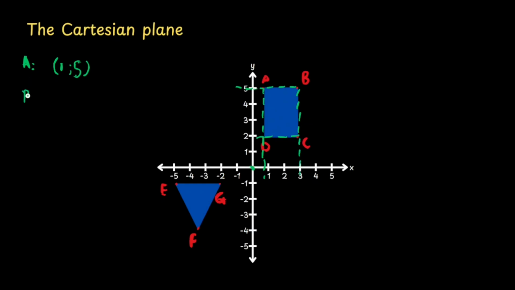For point B, if we're looking for its x value, a vertical line down from point B cuts the x-axis at x equals 3. So we're going to put that first. Then we look for its y value. Going through the horizontal line, that cuts the y-axis at y equals 5.